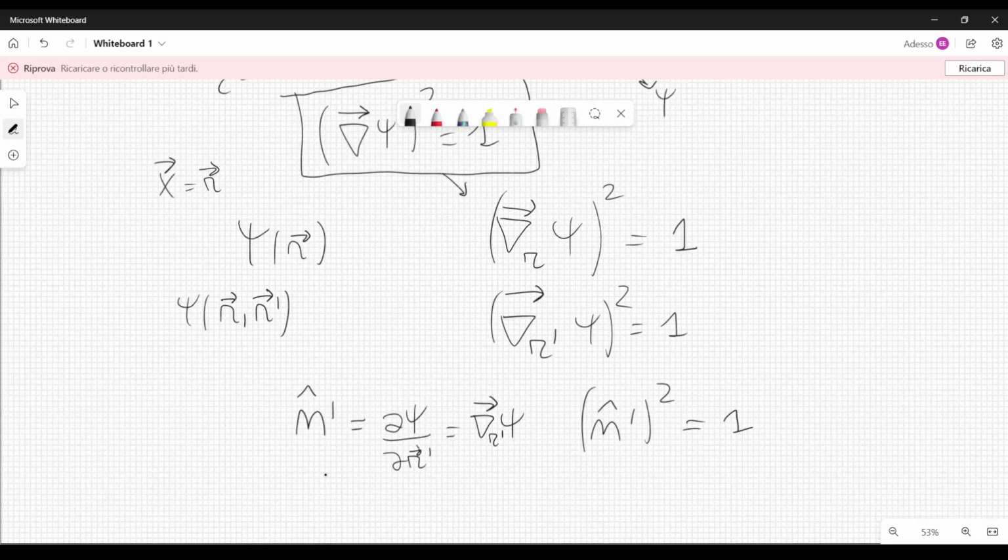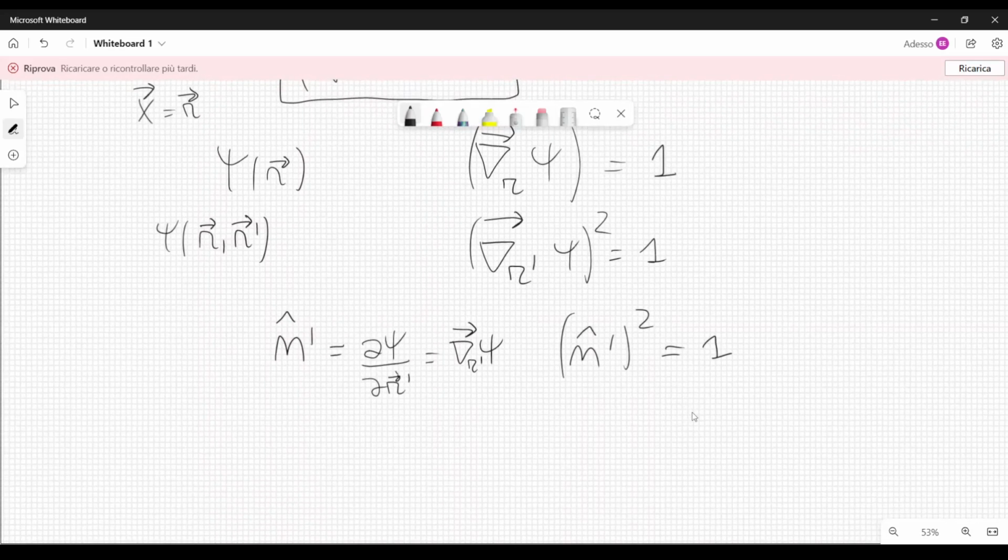It will give us the direction of the light ray at the point r prime. And then at the point r, which is the first endpoint of the vector, at the point r we have another normal, n, and we'll take it to be equal to minus d psi d r. So we have to put this minus sign.